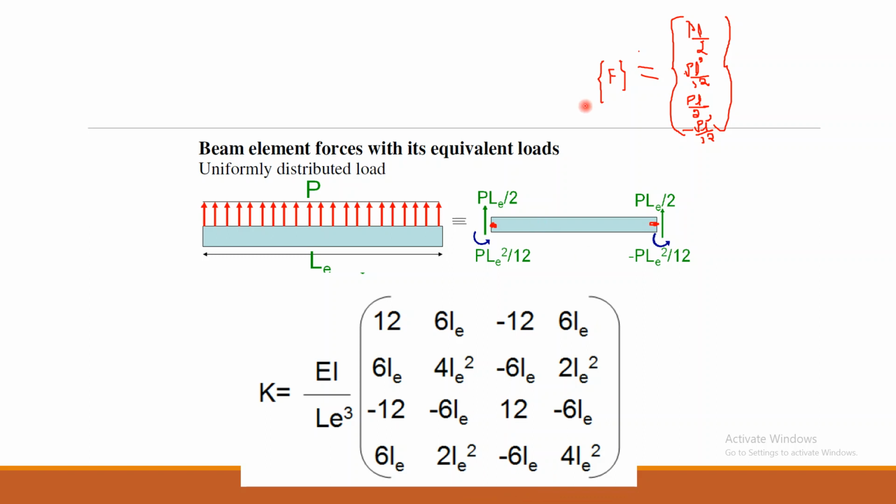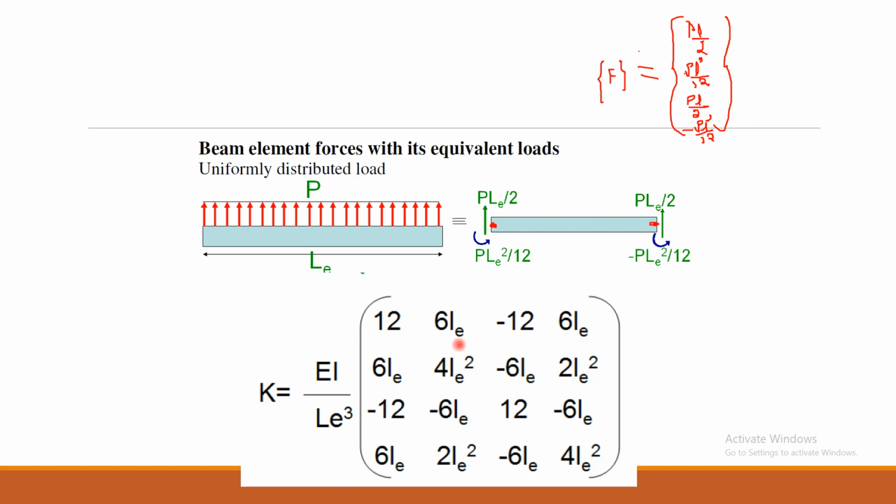So like that I can represent the loads applied in the form of UDL. F is equal to P LE by 2, P LE square by 12, P LE by 2, minus P LE square by 12. This representation is not much necessary in case of solving problems, so hope you will only follow this one.